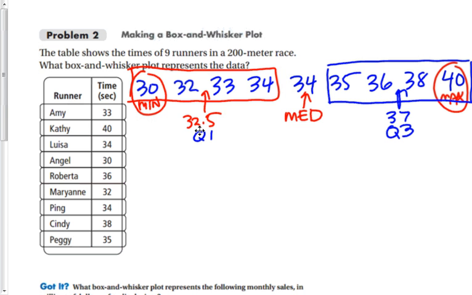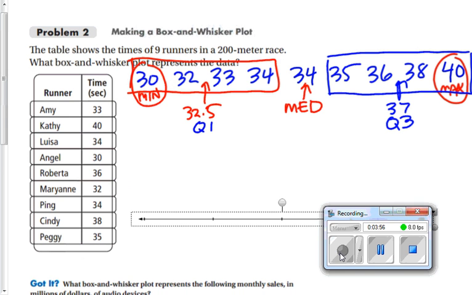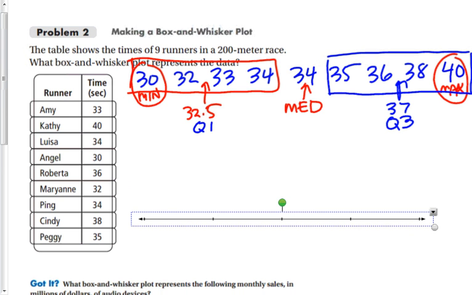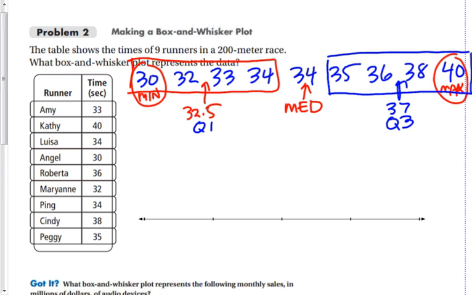Now that I have all those, I'm going to create the box and whisker plot on a number line. So here's my number line, and I need numbers that go from 30 to 40. So these are the values I chose. I have 24, 28, 32, 36, and 40. And then what we're going to do is put a dot, estimate where each of these 5-number summary values will be on the number line.